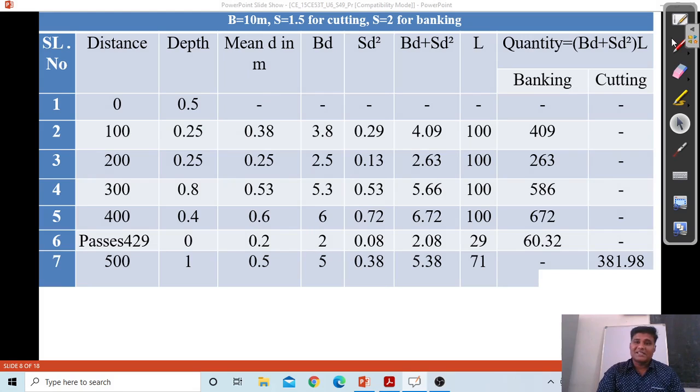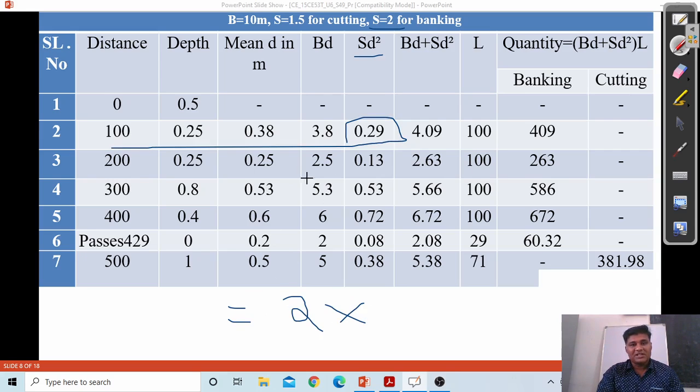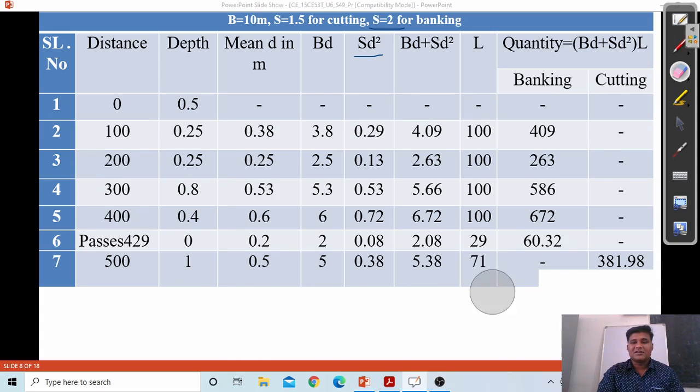Then you need to calculate SD square. The slope for banking is 2. So for 100 meters, what is SD square? S is 2 into D, D is 0.38. So 0.38 square into 2 will give me 0.29. Let us take another example.